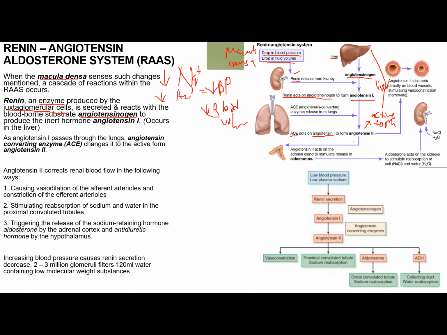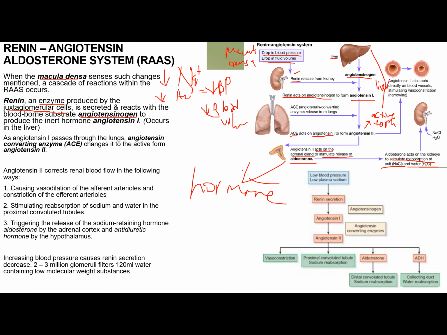Now, angiotensin 2 does many things, class. It has many places it can go. One of the things it can do is act on the adrenal gland to stimulate the release of aldosterone. Now, what is this aldosterone? Aldosterone is a hormone that would act on the kidney to stimulate reabsorption of salt and water.